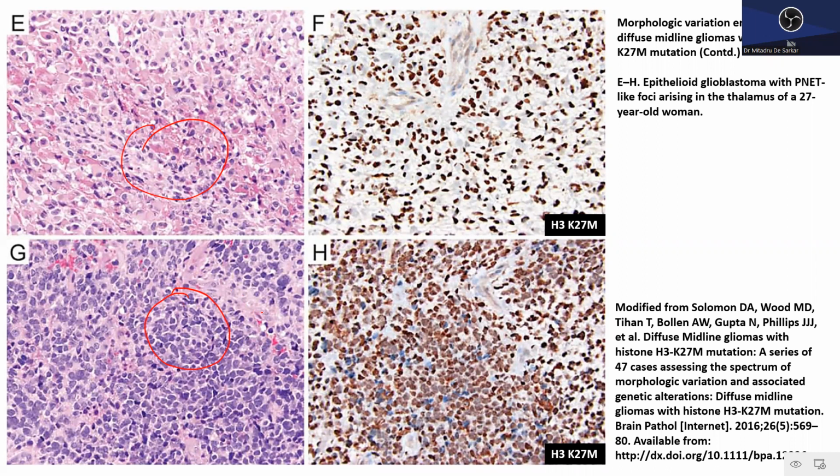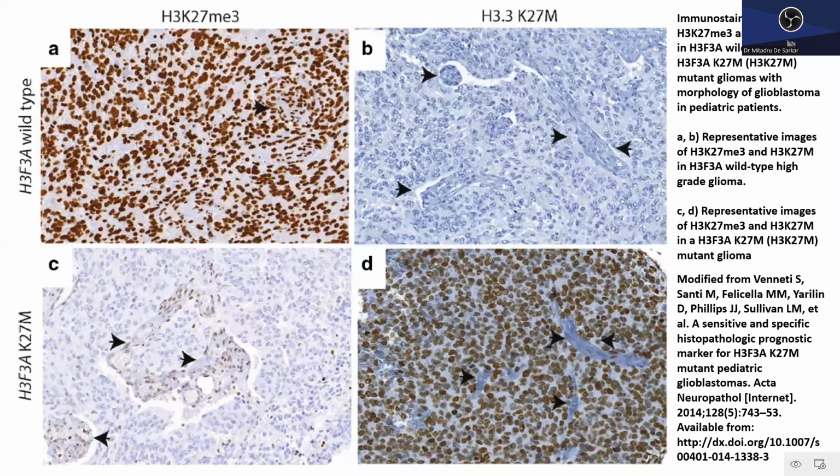We don't use the term PNET anymore in this context. But anyway, in both cases, you did IHC for the mutant histone H3K27M, and you showed positivity. And hence the diagnosis in all these cases is diffuse midline glioma associated with K27M mutation.